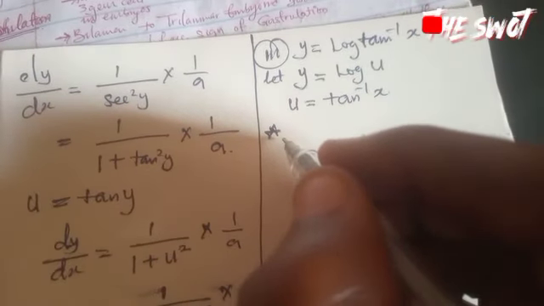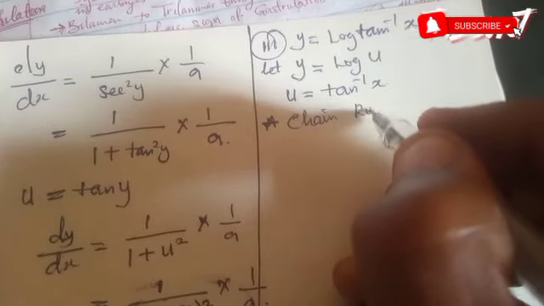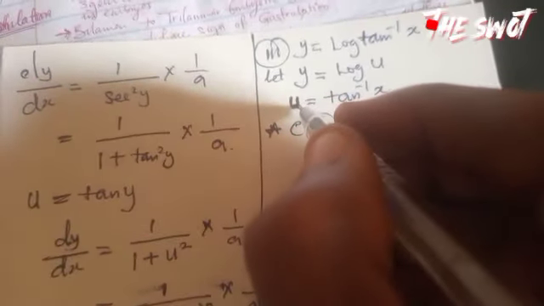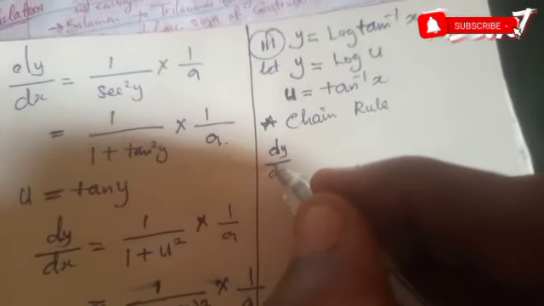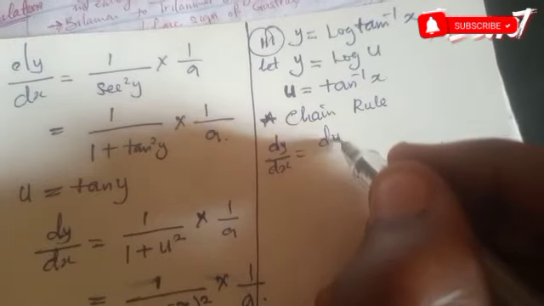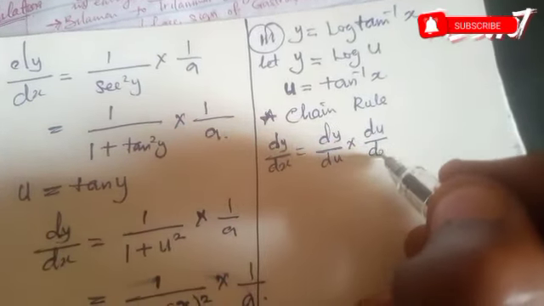The rule to use to solve this now is the chain rule. Why are we using chain rule? Because we're introducing another variable. So our dy dx will now be dy du times du dx.